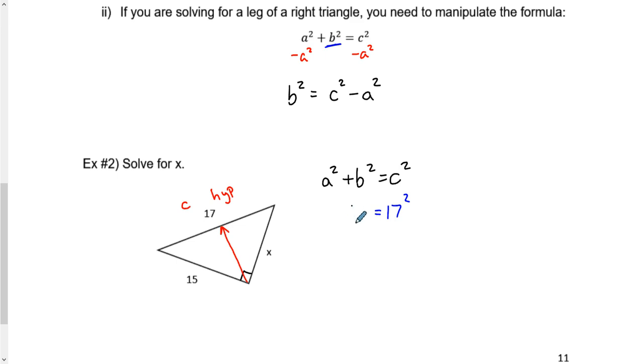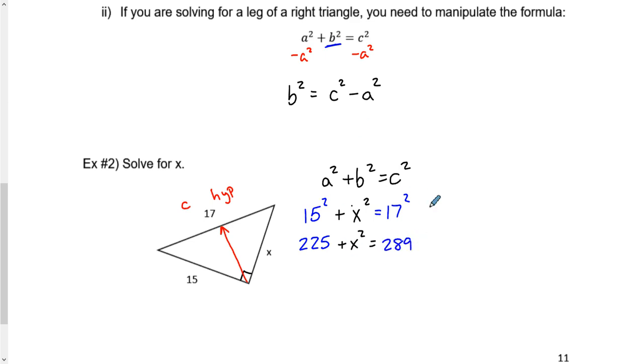My b squared, in this case, is my x, and 15 squared is my a. Now there's multiple ways of doing it. Personally, I like doing it this way. 15 squared is 225. X squared equals 17 squared, which is 289.